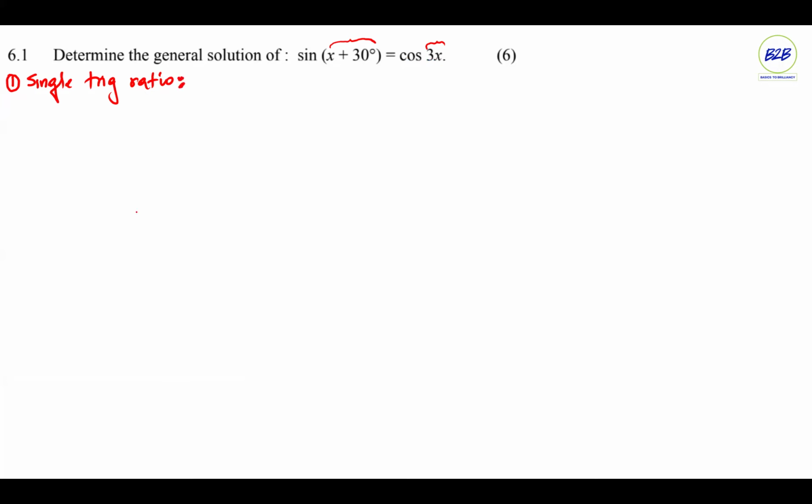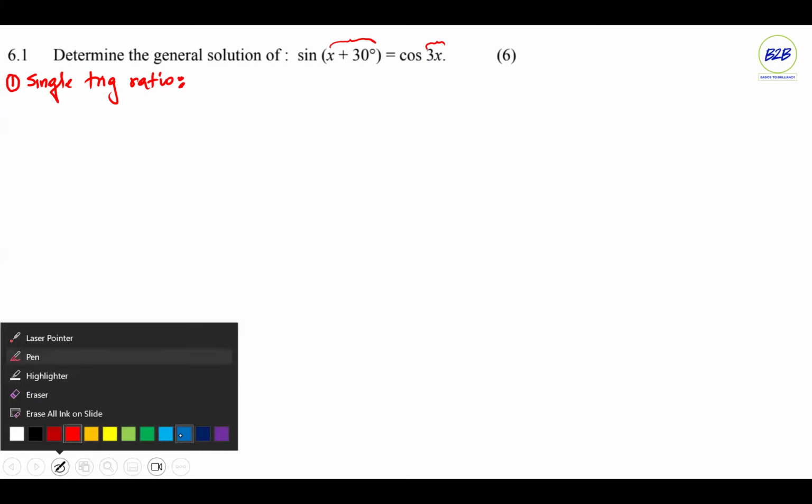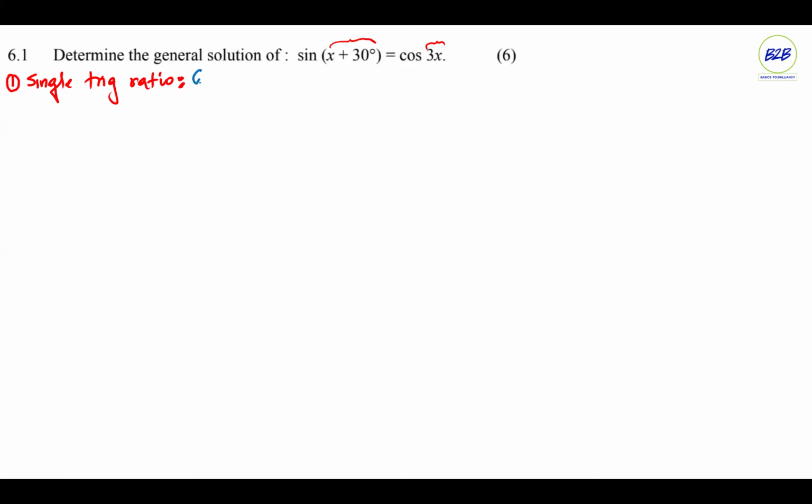What was cos 3x before it was cos 3x? Using either 90 degrees minus or 90 degrees plus, we will say this was sine of 90 degrees minus 3x, right?